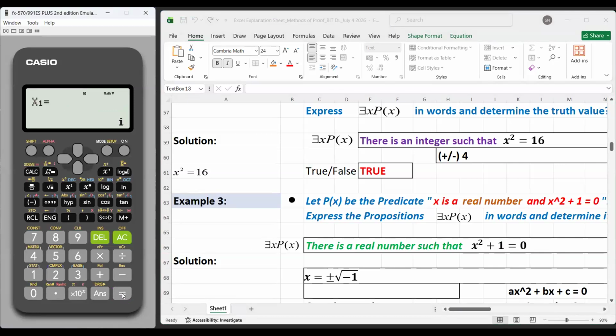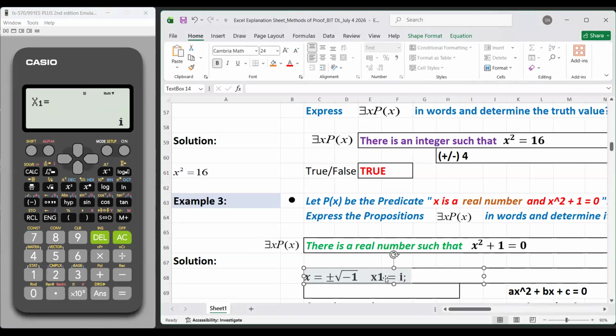Now, when I press equal to, x1 is equal to i. I don't have time to use subscript. So x1 is equal to i. That's the first one I got.